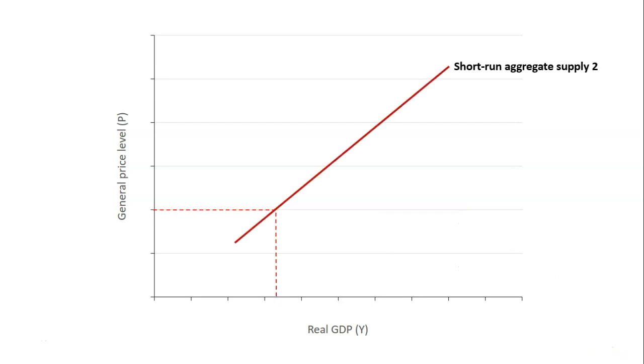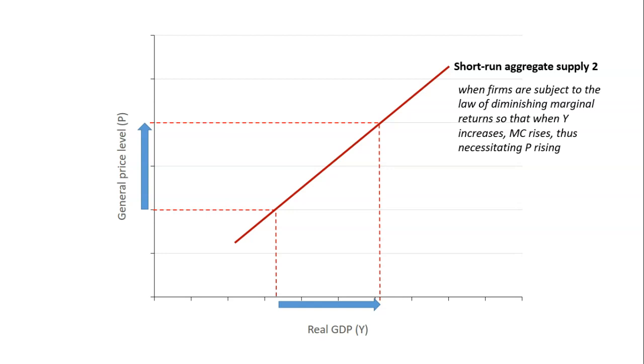Another short-run aggregate supply curve would look like this. It would be the upward sloping one, and that is in your textbook and in most textbooks. So in this case, we would say that firms are subject to the law of diminishing marginal returns.